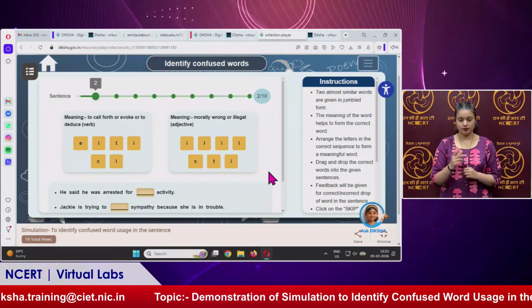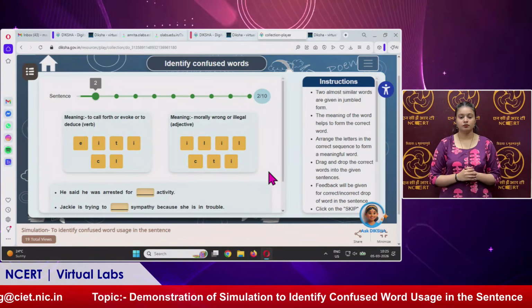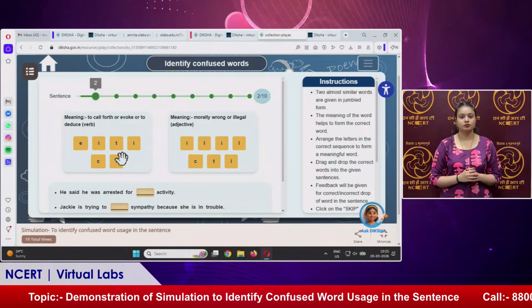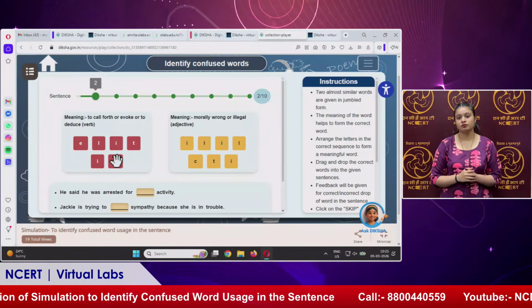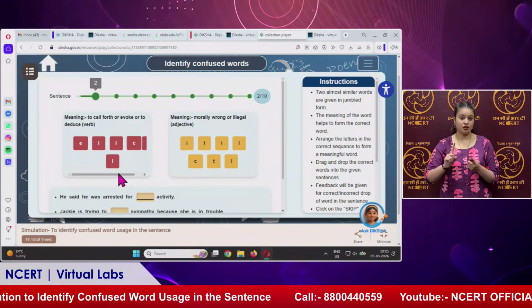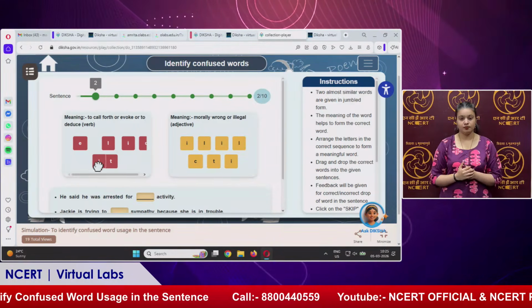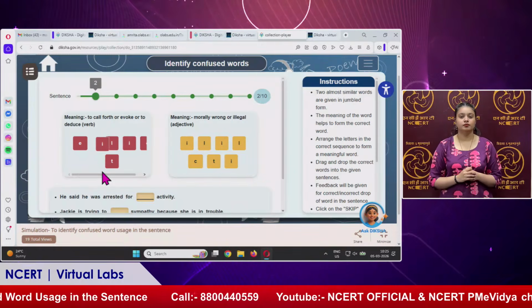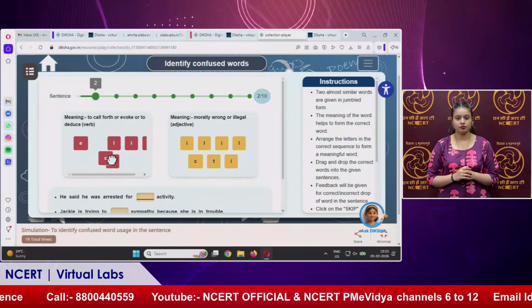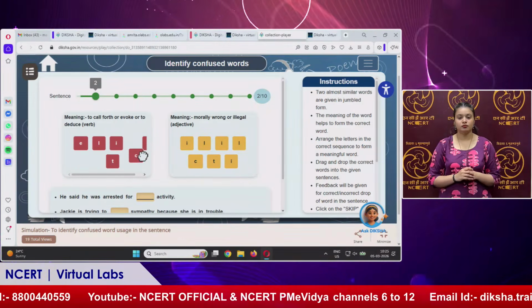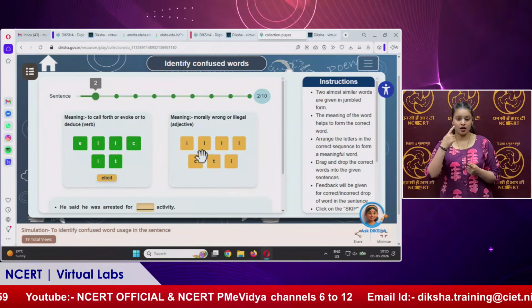Okay. Second one, to call forth or to evoke. Okay, so this is elicit. And then another one is illicit. Sorry, this is ELICIT.